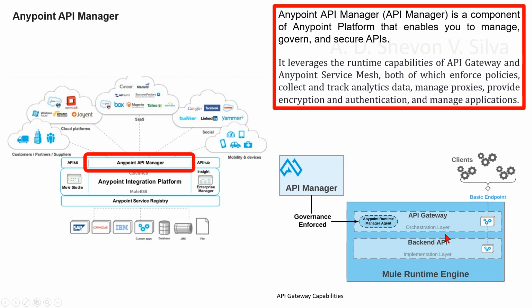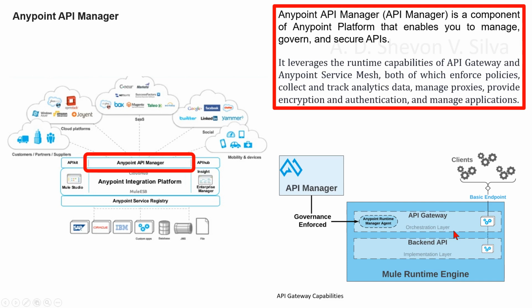Overall, the API gateway allows you to add a dedicated orchestration layer on top of your backend APIs and services to help you separate orchestration from implementation concerns.